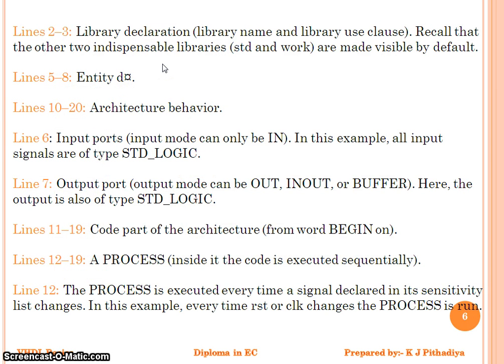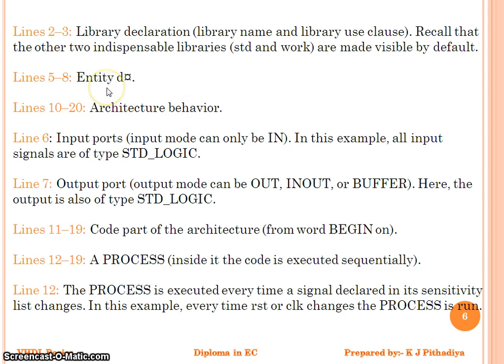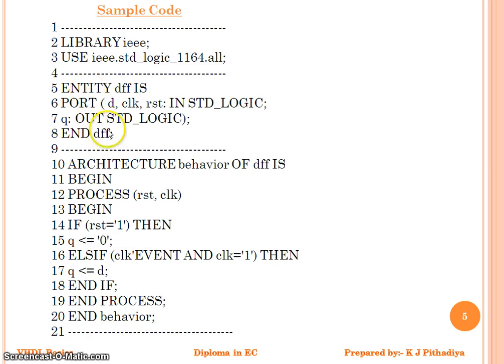In this particular slide, we are explaining line by line how your code behaves. Lines 2 and 3 are the library declaration. Lines 5 to 8 are the entity definition, and the architecture behavior is lines 10 to 20.